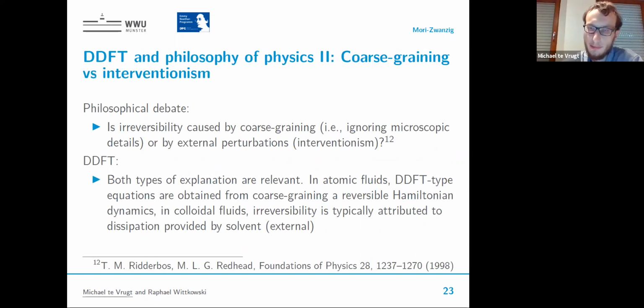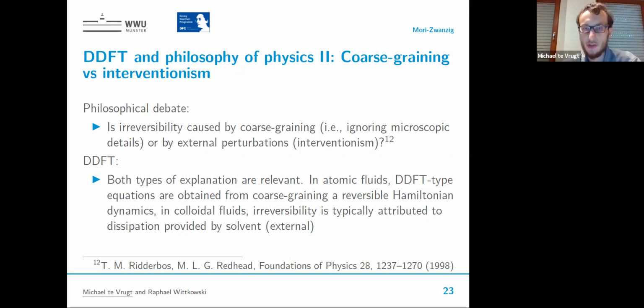So the second one is a bit more related to coarse graining, namely the problem of irreversibility. Again, there are a variety of schools on that in philosophy of physics. First of all, there are people who say irreversibility comes from coarse graining. So you start from this exact reversible dynamics, you ignore some microscopic details, and you arrive at irreversible macrodynamics. And there are some people who say, okay, this is actually wrong, because thereby you're introducing the irreversibility by hand.